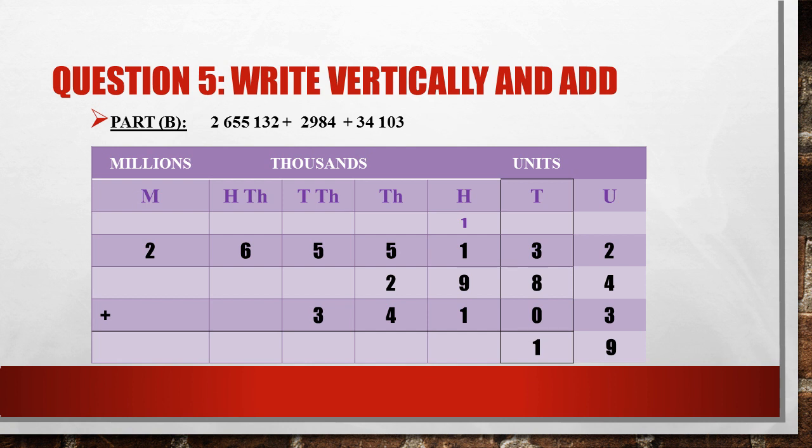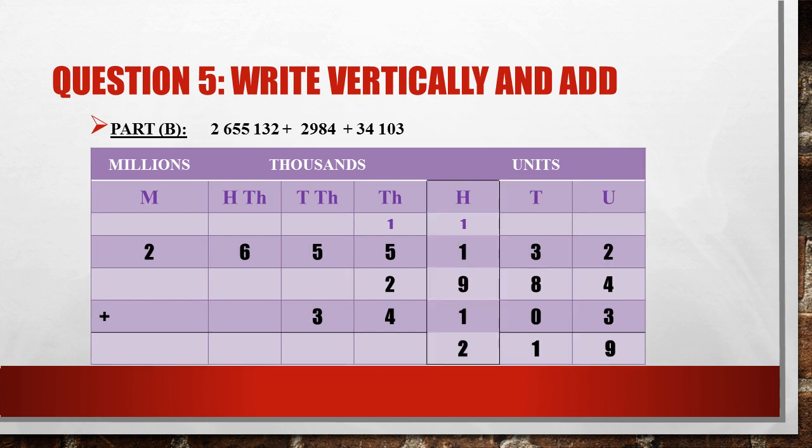Now we will add the digits in the 100 column. The digits in the 100 column are 1 plus 1 plus 9 plus 1, which gives us 12. So we will write 2 at 100 place and take 1 as carry over to 1000.